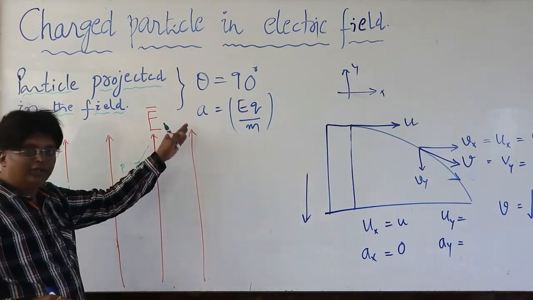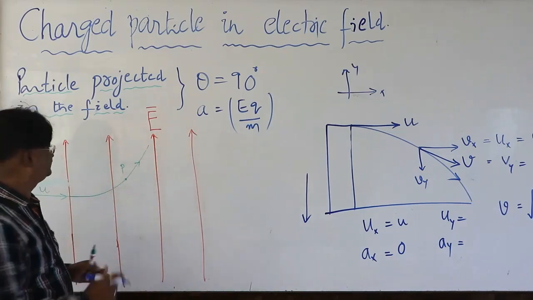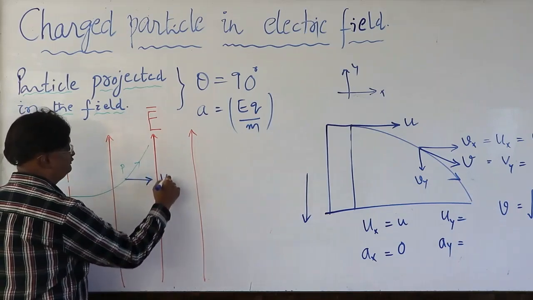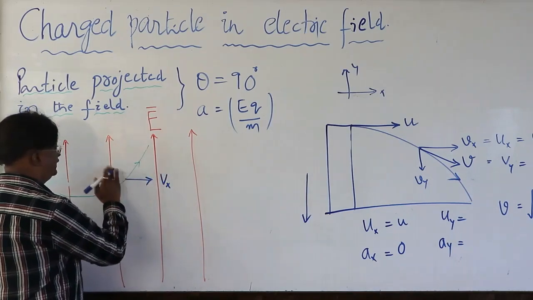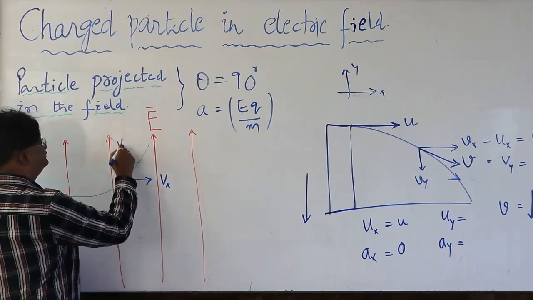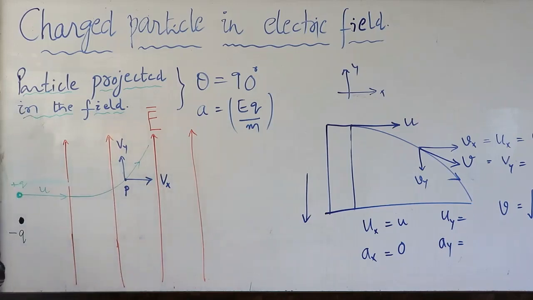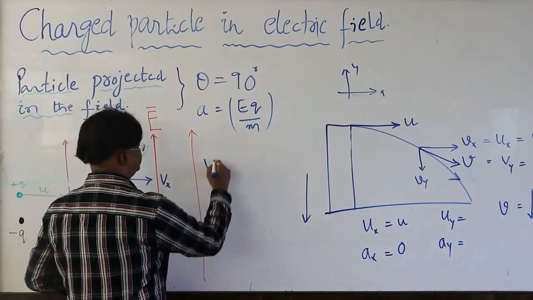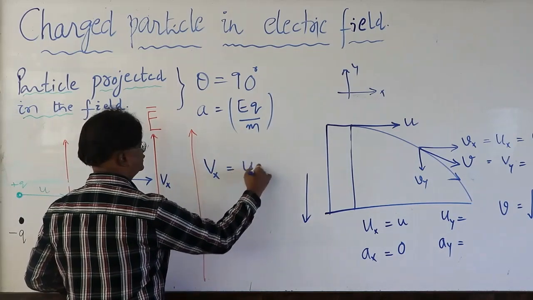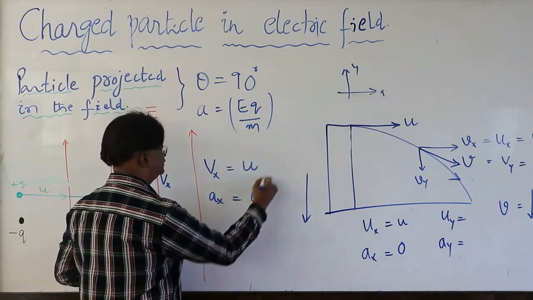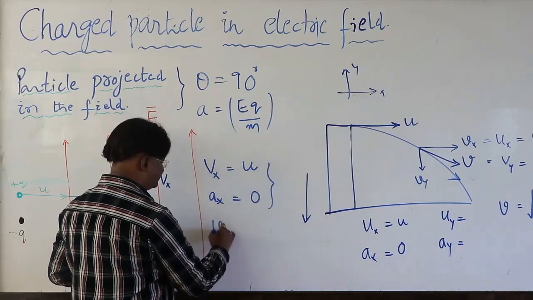Now at this point P, there are two velocities again. This is the Vx component, and this is the Vy component at this point P. Now what do you write again? So again, our discussion, duplication, Vx is equal to simply u. And what is Ax? Ax is 0. Upwards, what is Vy?